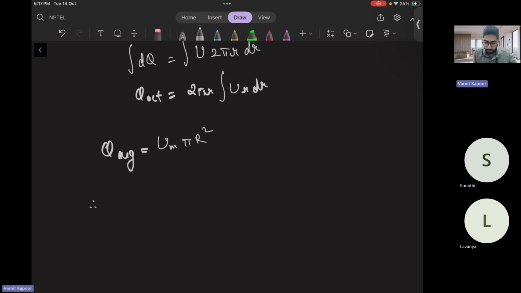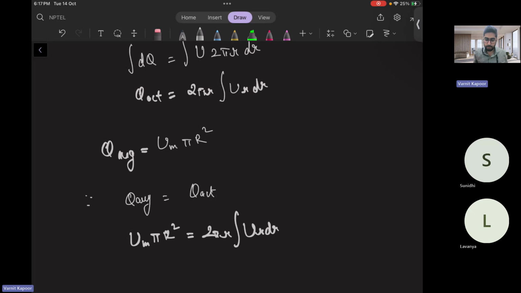Therefore, Q average is equal to Q actual, so u mean into pi r square is equal to 2 pi r u dr.